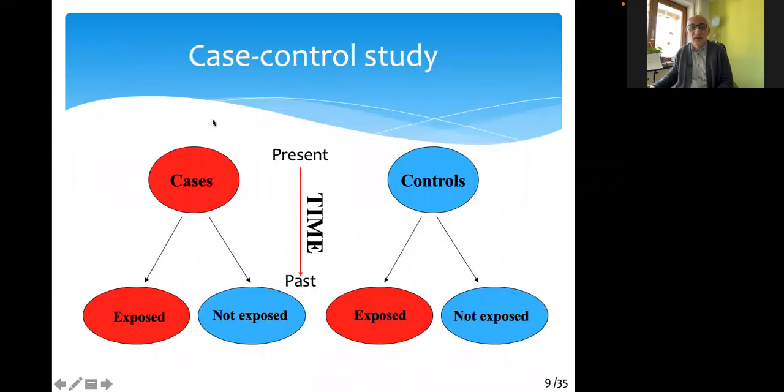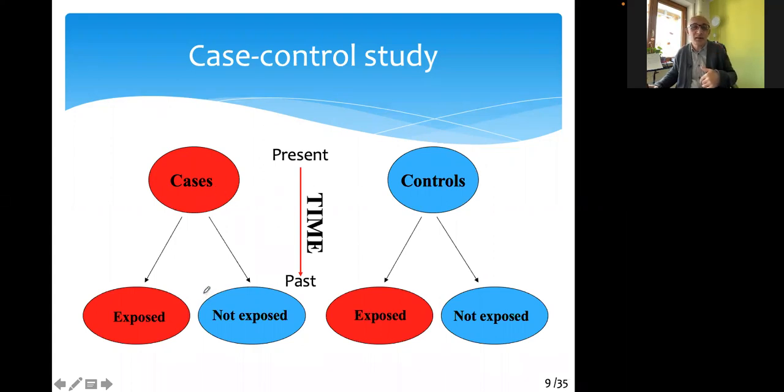Okay. The case control study, the next study design, as we said, is a retrospective study design. Your starting point in a case control study are the cases, let's say lung cancer patients. Lung cancer patients are easy to access and find, because they have to go to a hospital. If you go to the oncology departments of the hospitals in your city, you will easily find the total number of lung cancers at that time. Then you also establish a control group, and you go to the past.